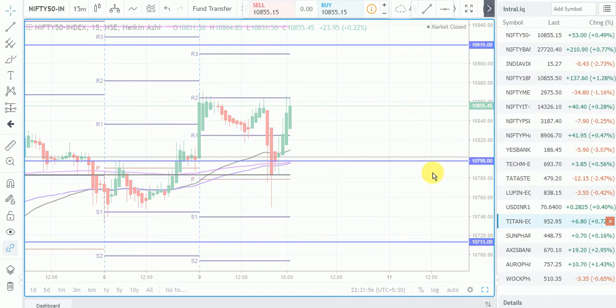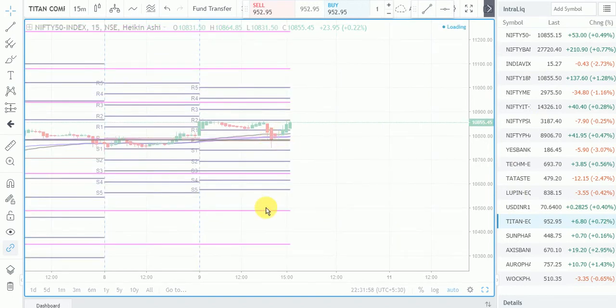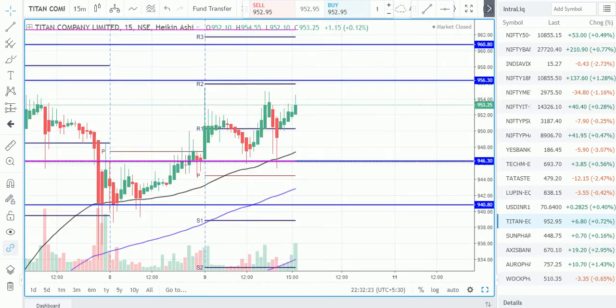Now if you go to the Titan, see here guys, 13:30, right, 13:45, 14. It is the last red candle which made a low at 14, right?